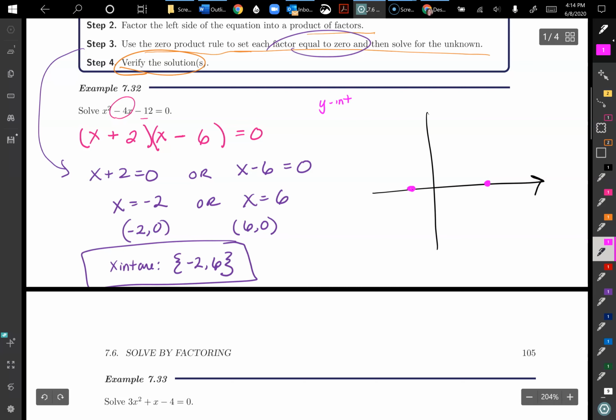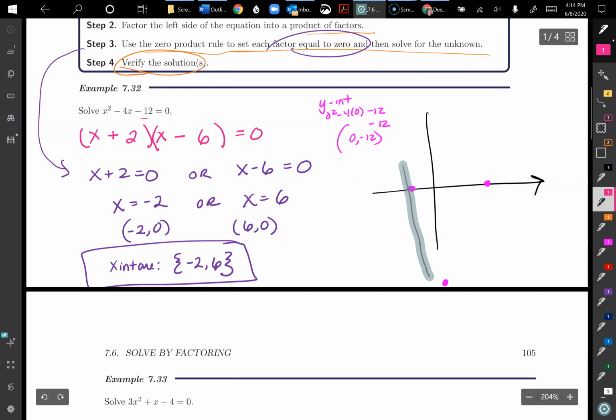I would have 0 squared minus 4 times 0 minus 12. And I could find the y value would be negative 12. Okay, so 0, negative 12 is my y-intercept, so that would be somewhere kind of down here. And so my whole graph would look like this.